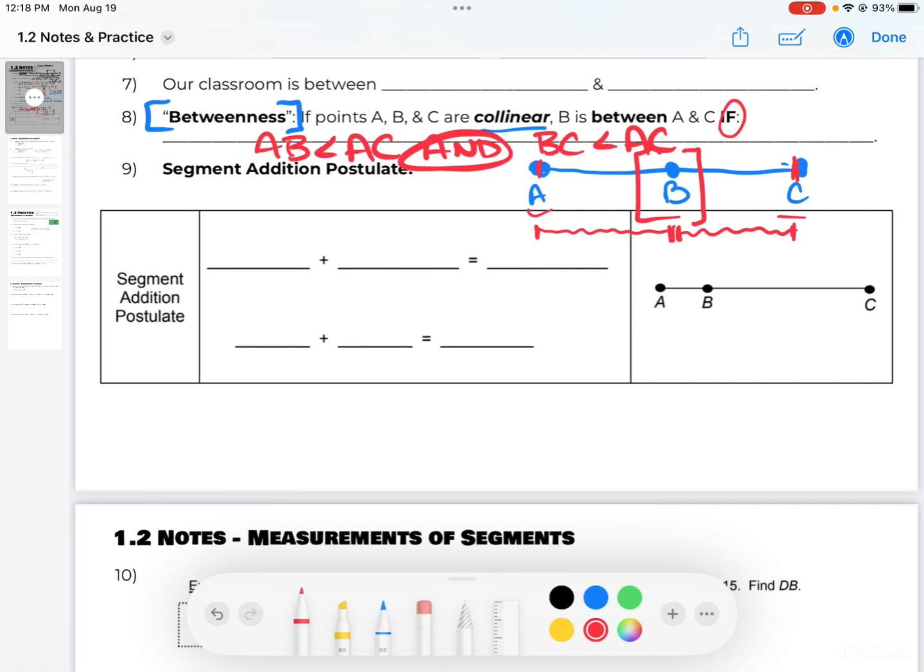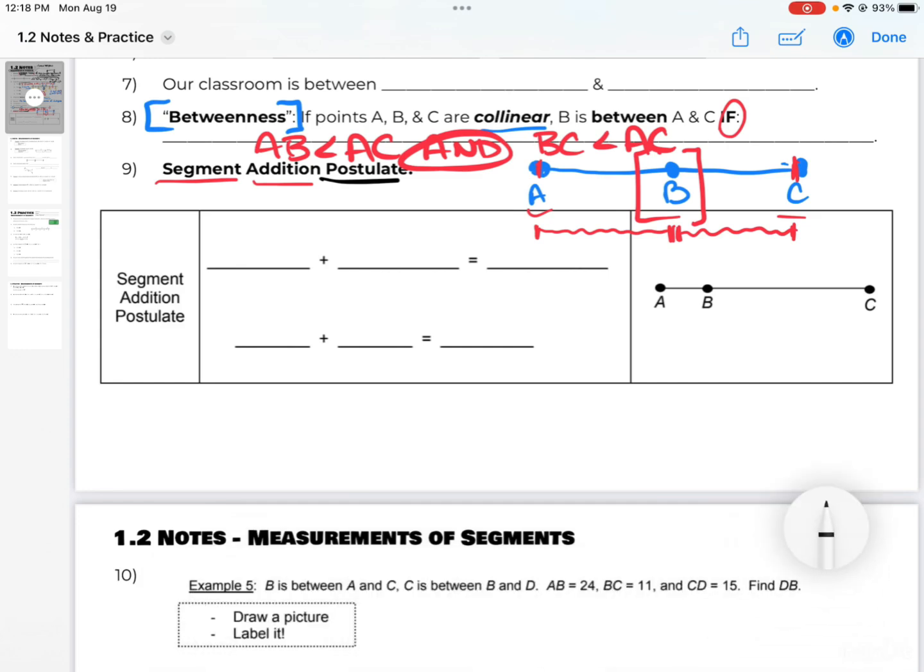Moving on to 9, we have the segment addition postulate, and it's kind of all in the name. You have segments, you add them together, and if you remember from last class, a postulate is something we accept as true. So the segment addition postulate states that a part of something plus a part equals a whole.